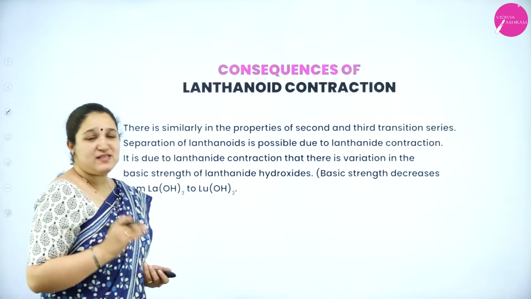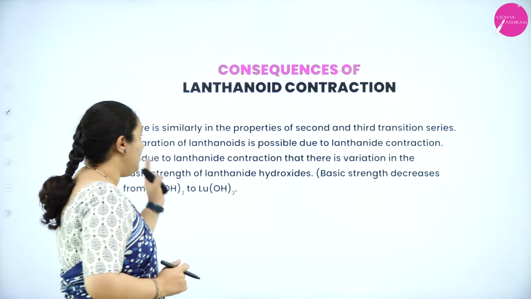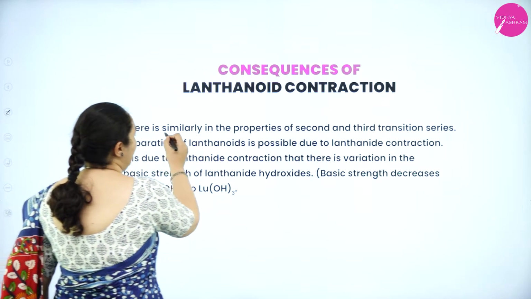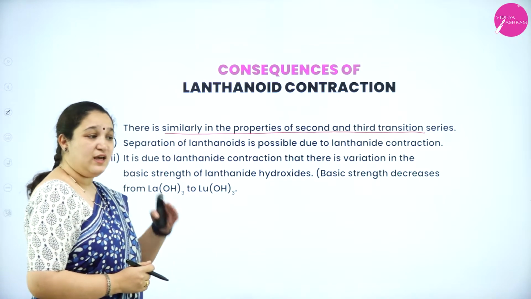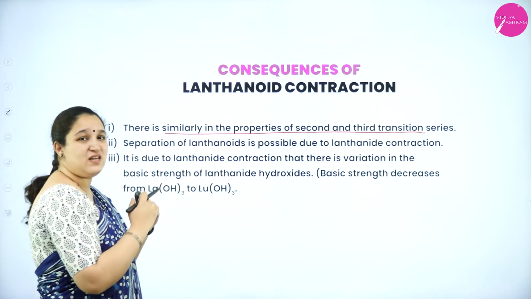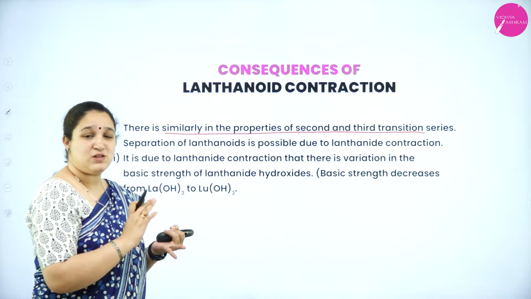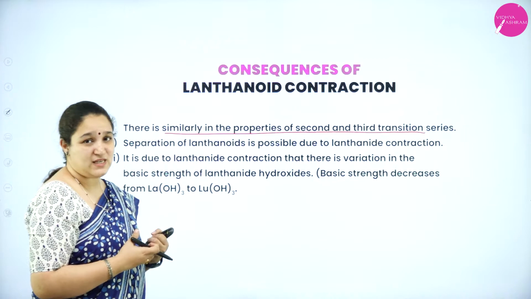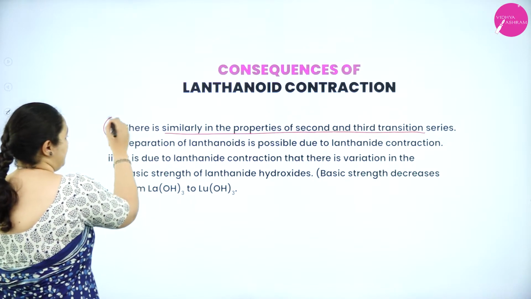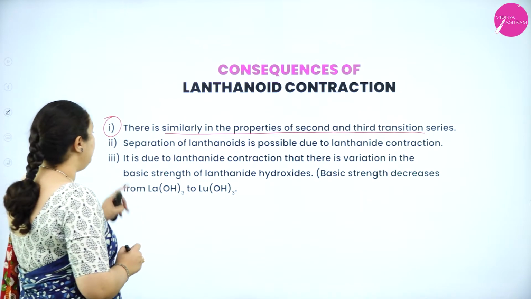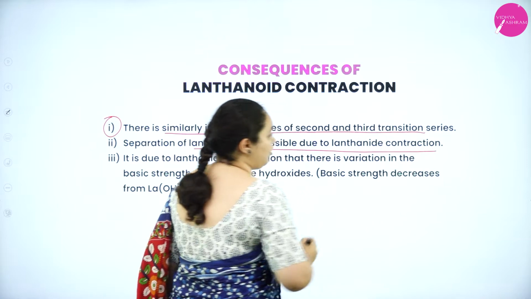Okay. Next is consequences of lanthanoid contraction. First one is similarity in properties of the second and third transition series. That is, in d block elements, the 4d series and the 5d series are similar. They have similar properties and also similar atomic size. That's because of lanthanoid contraction. More about this I shall explain in the next slide. Okay. Separation of lanthanoids is possible due to lanthanoid contraction.